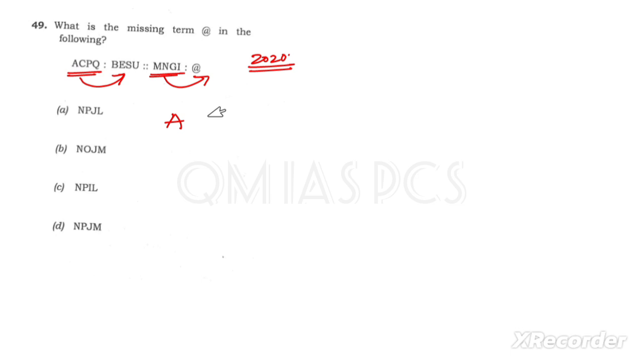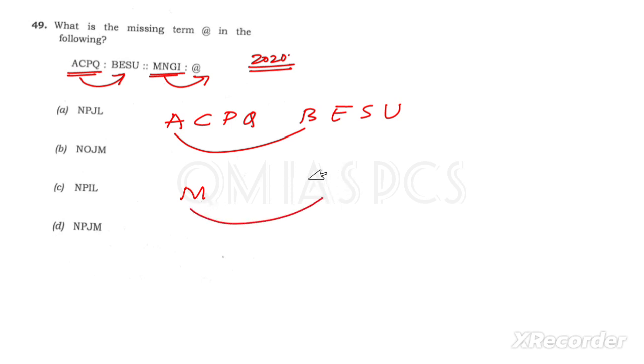A, after A it is B, so after M what will be the alphabet? It is N. After C it is D, then E. There is one alphabet in between. So here is N. After N there is O, so it will be P. In between N and P there will be one alphabet.